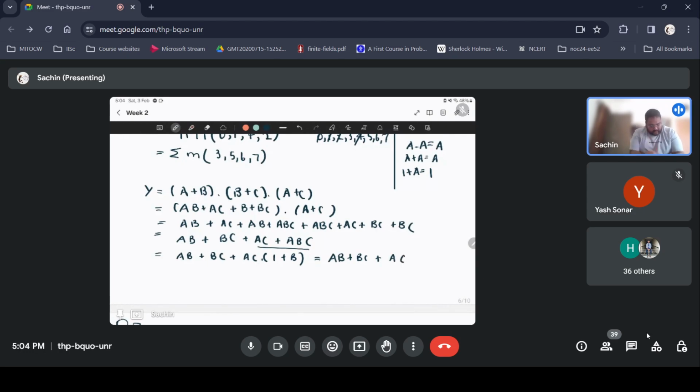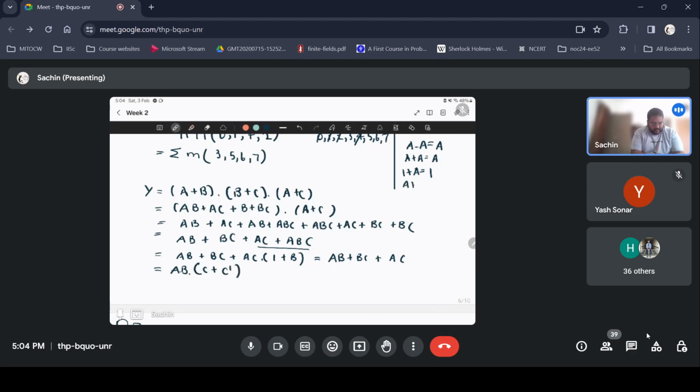Now again, this is in sum of products form, but it's not in canonical sum of products form. In canonical sum of product form, each of these terms should have all the variables included in it. This should have abc, so this should have abc, and this should have abc. So when you have product terms, the way you introduce the variables that are not present is by ANDing it with, first time you AND it with c plus c bar.